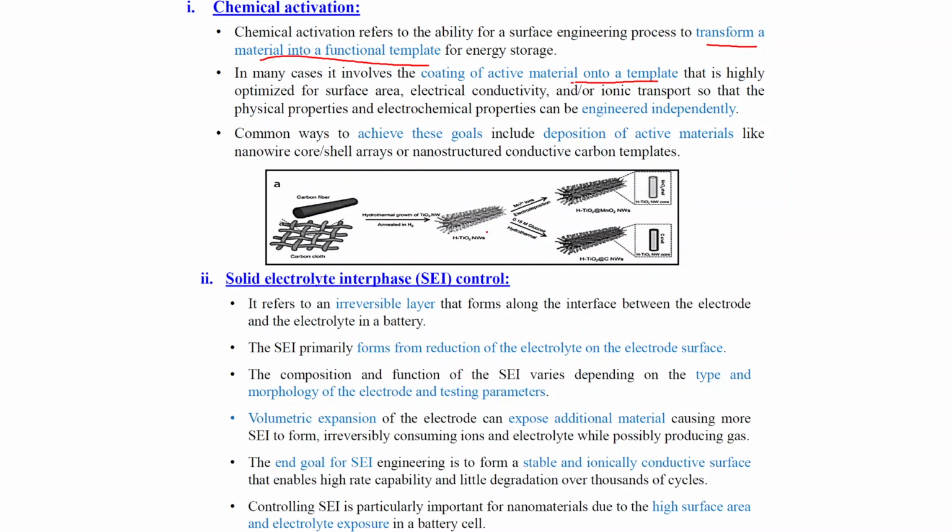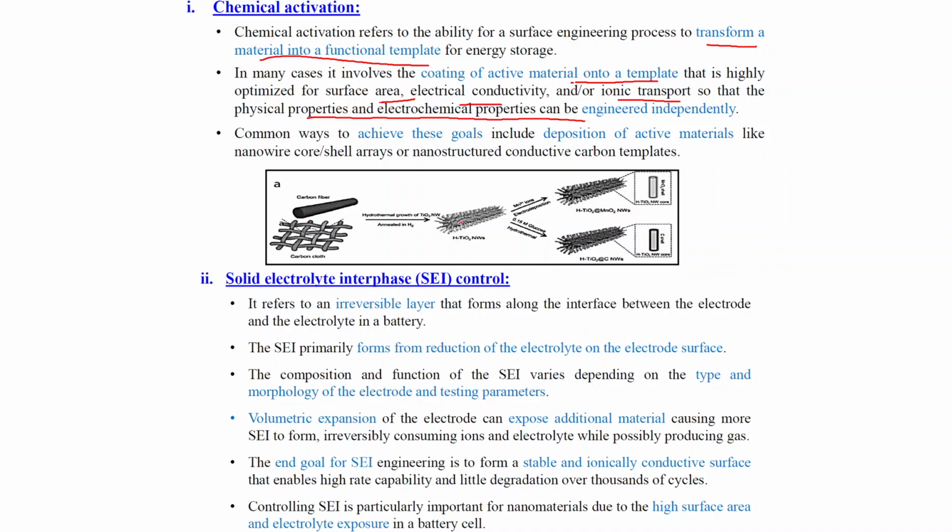This increased porosity will act as additional active sites for the Faradaic reaction. The template is highly optimized for surface area, electrical conductivity, or ionic transport, so that the physical properties and electrochemical properties can be engineered independently. Common ways to achieve this goal include deposition of active material like nanowires, shell arrays, or a nanostructured conductive carbon template.